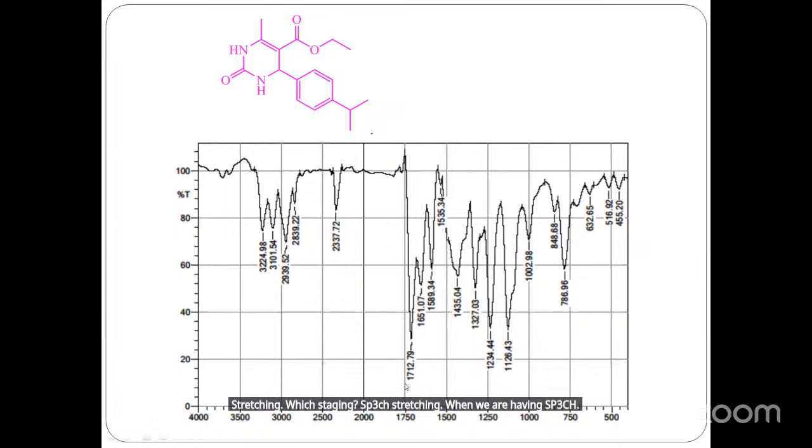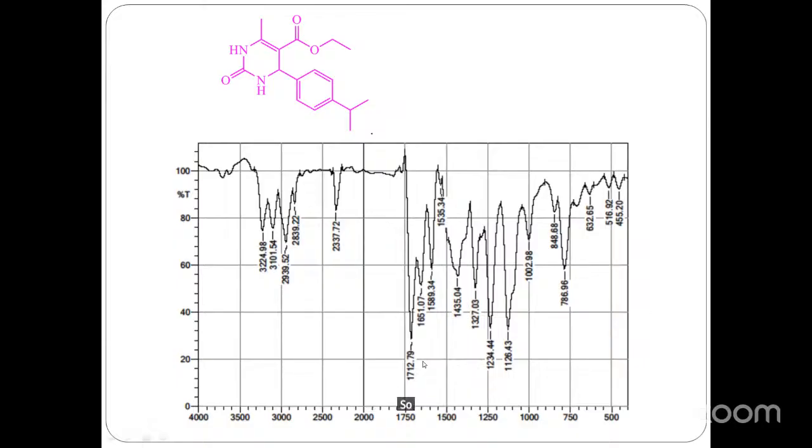And we have a carbonyl frequency, you can see here. At what position is it located? 1712. That is for the ester group. But you just told me that an ester group has a frequency close to 1740. The carbonyl stretching frequency of an ester group is 1740, but we have obtained a peak at 1712.